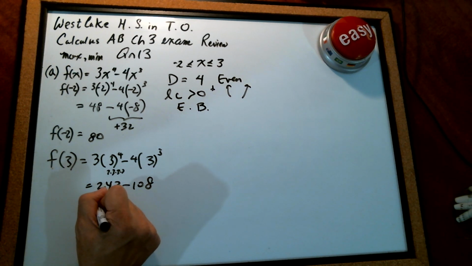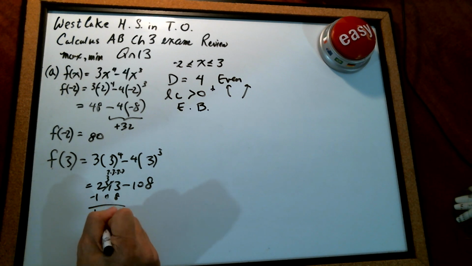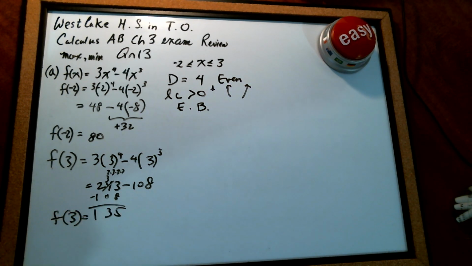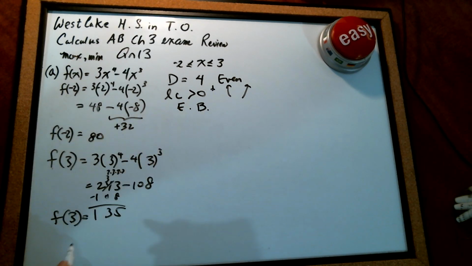Subtracting that, 243 minus 108 is 135. f of 3 is equal to 135. So these are the endpoint values. f of -2 is 80, and f of 3 is 135.